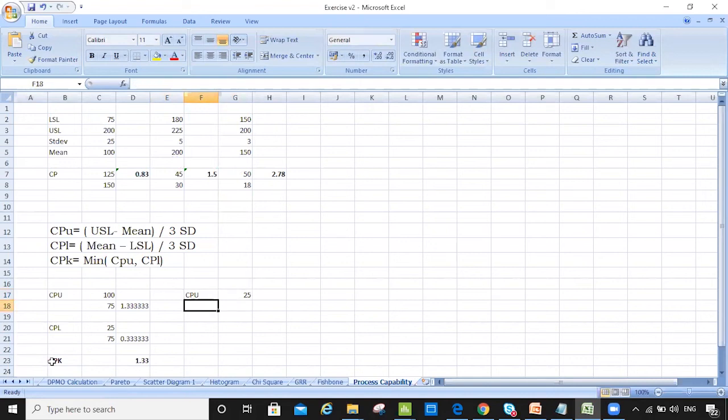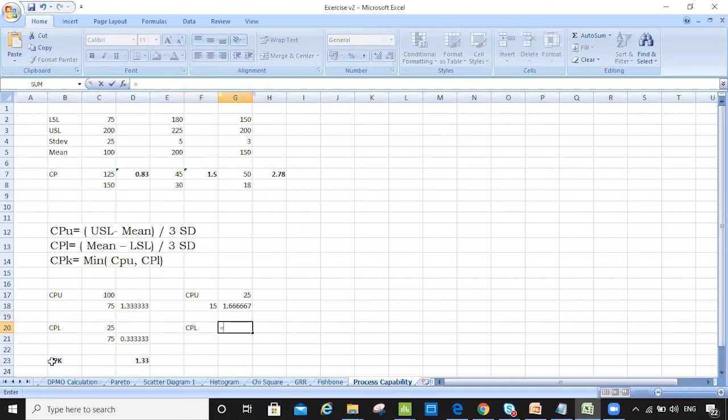And 3 standard deviation is 5 into 3, which is 15. So it says USL minus mean upon 3 standard deviation, 25 divided by 15. This is 1.6667.